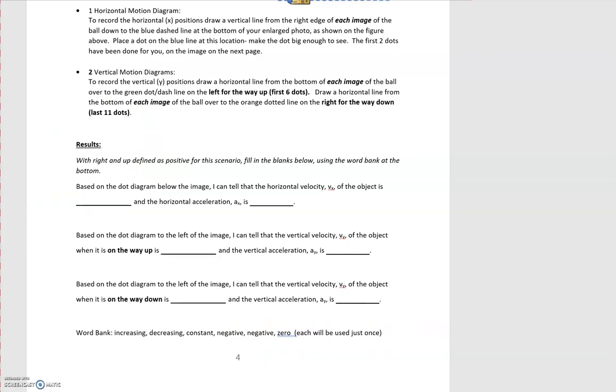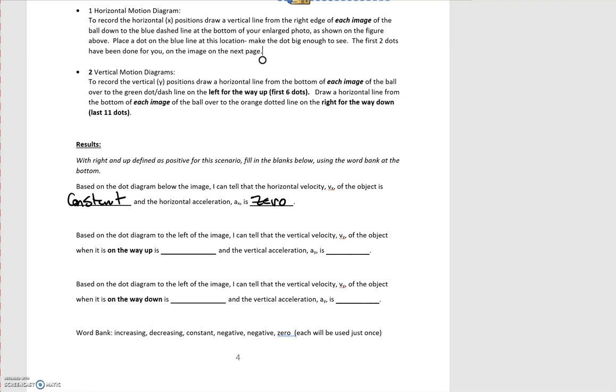Now that we've analyzed the motion diagrams, we can fill in the blanks. I can tell the horizontal velocity of the object is constant, and the horizontal acceleration is 0 since we don't have a changing velocity.